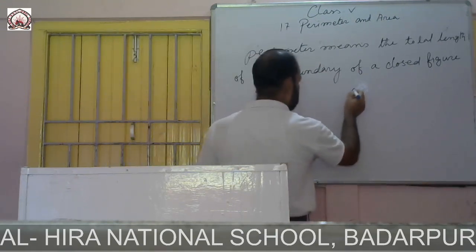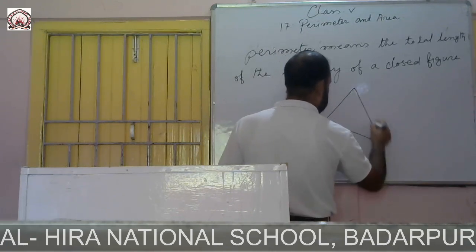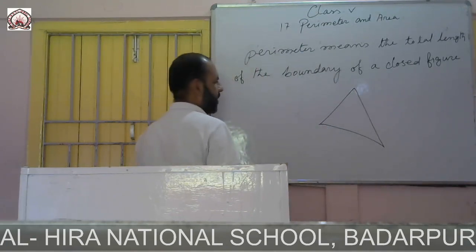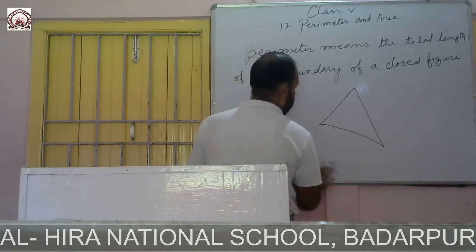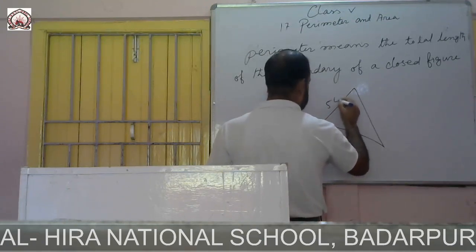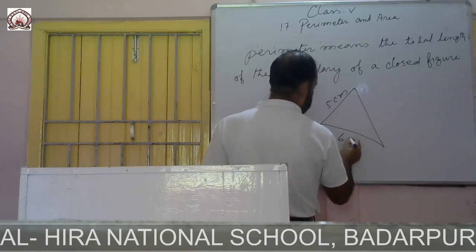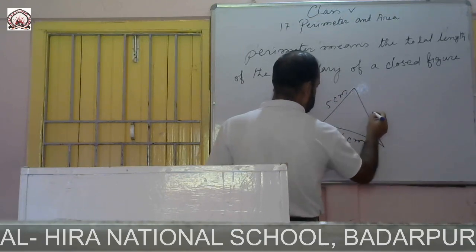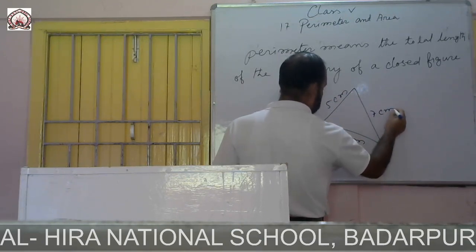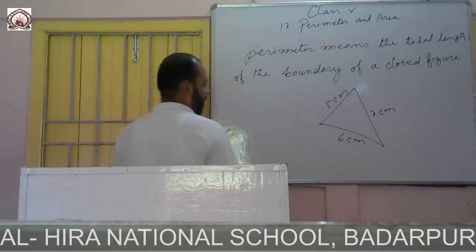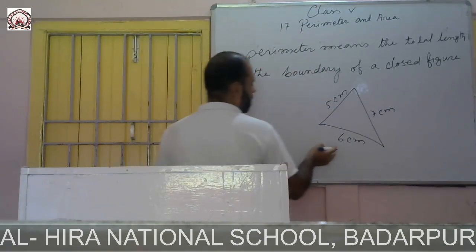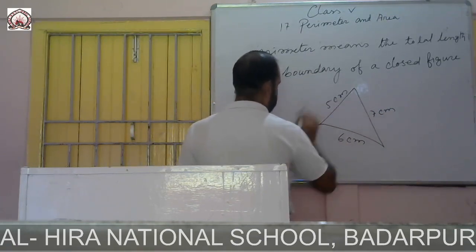Suppose a triangle, we take out the perimeter of this triangle. Suppose this side is 5 centimeter, 6 centimeter, 7 centimeter. So perimeter equal to side plus side plus side.